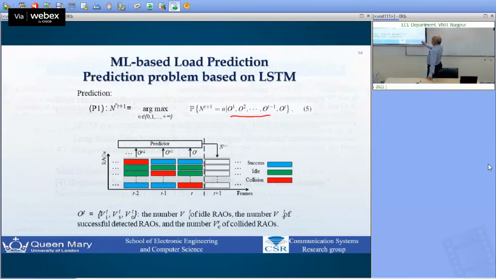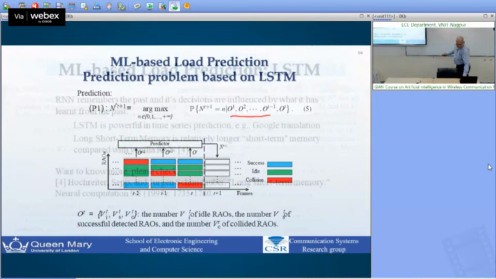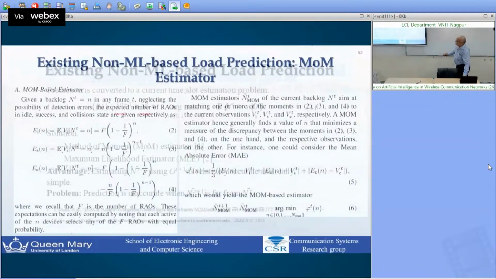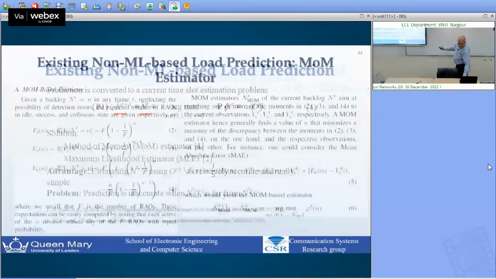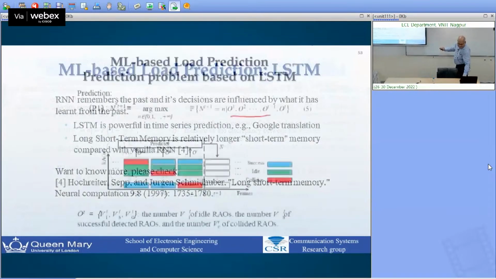We are going to predict n; this n cap is the predicted value. Earlier we used n tilde, the estimator. Here we approximate the current time slot estimator as the same as the next time slot. So now we have the predictor.